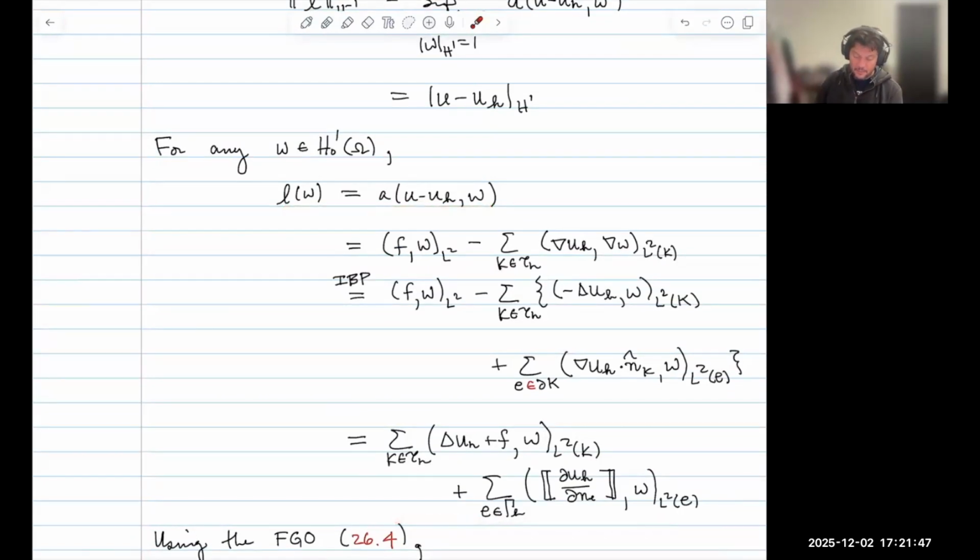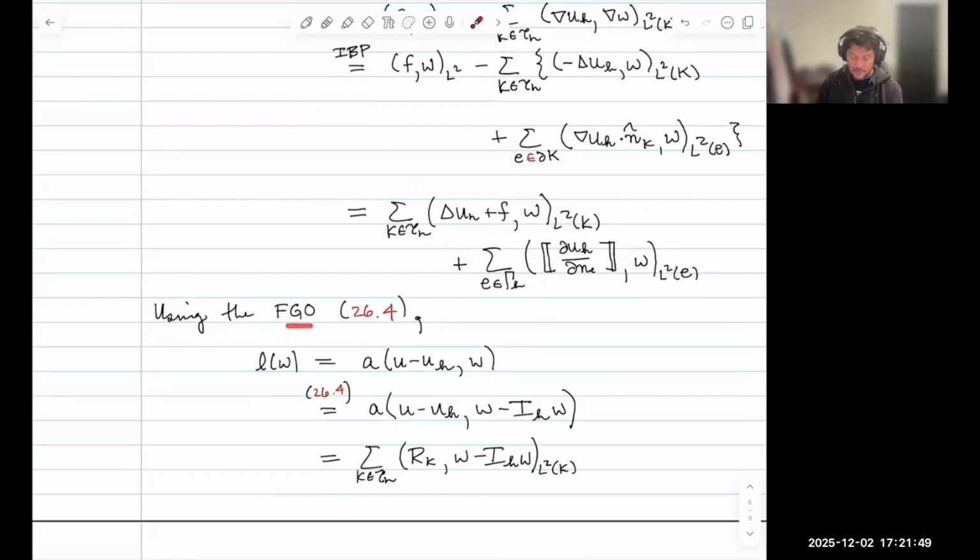That's exactly equal to that. Now I'm going to use fundamental Galerkin orthogonality. Fundamental Galerkin orthogonality says that if I have this object over here appearing in the finite dimensional space, this is the Clément interpolant of W. W is itself an infinite dimensional function in H01, but this function here is in the finite element space. That means against the error, this guy is zero.